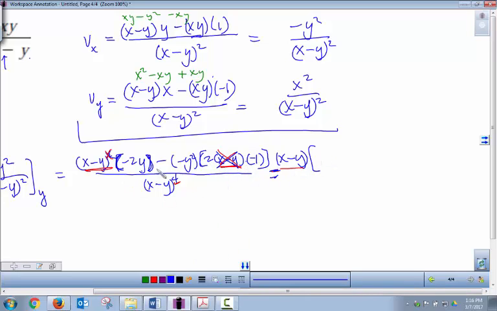So what do we have left on top? I have an x minus y to the first power, after I got rid of this one, times negative 2y. I probably still want to simplify that. Minus, and in this term, I got a negative y squared times 2 times 1 times negative 1.